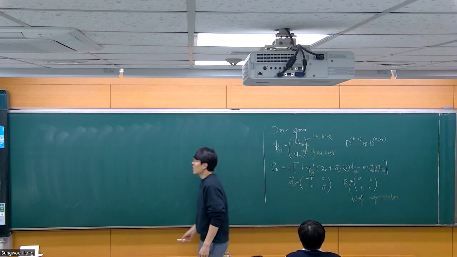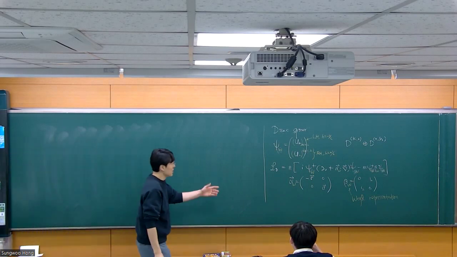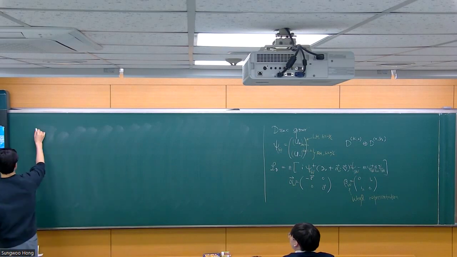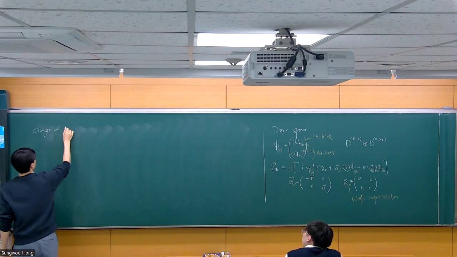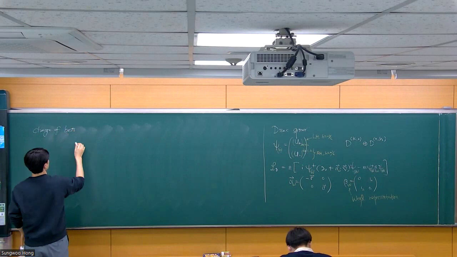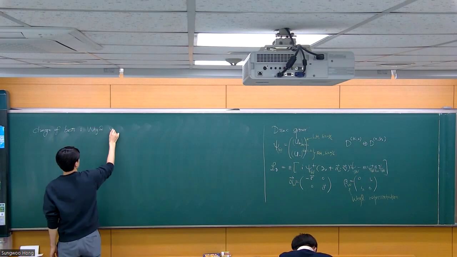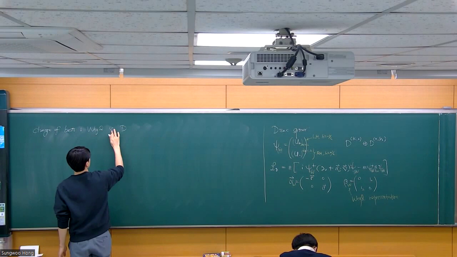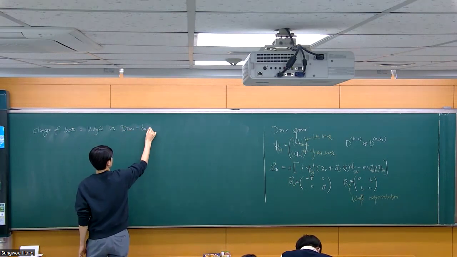Now, the basis that Dirac first introduced is not exactly this. And we can make a change of basis. Okay, and so here we're going to talk about Weyl versus Dirac basis.